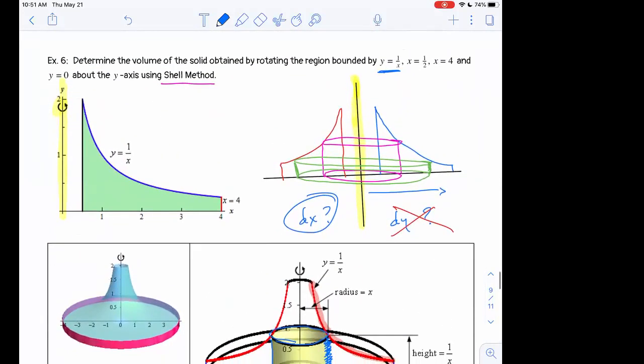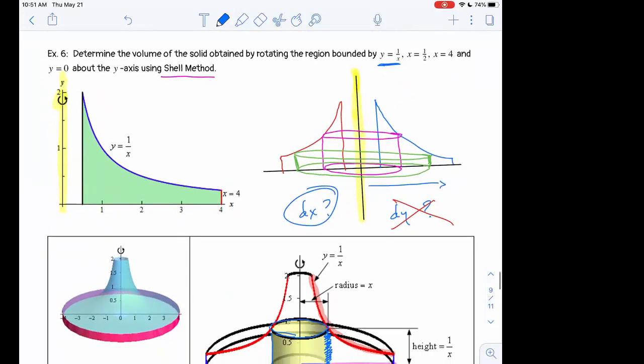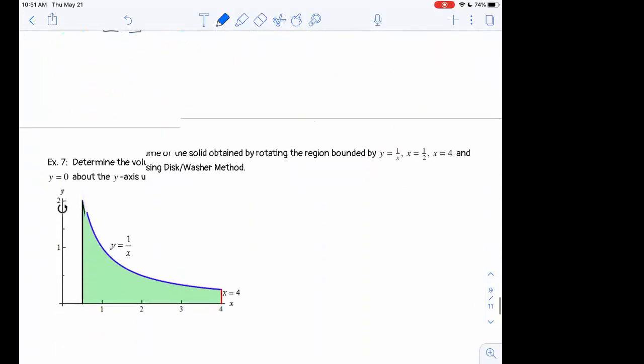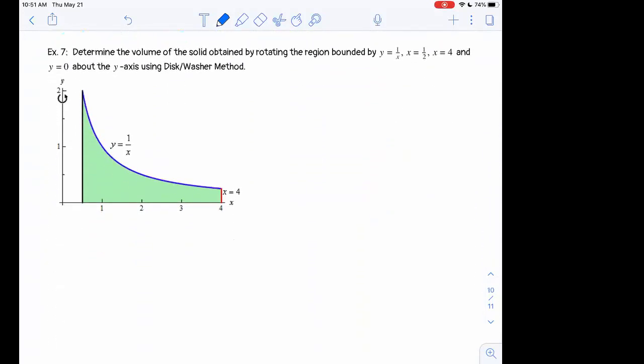The way we set this up, we drew our axis of revolution, we drew the lines parallel to that, and we knew that those lines represented the height of the shell. But in example 7, since we're using disk and washer method, your diagram should look different and your integral should look different. I'll give you a few moments to set this one up.